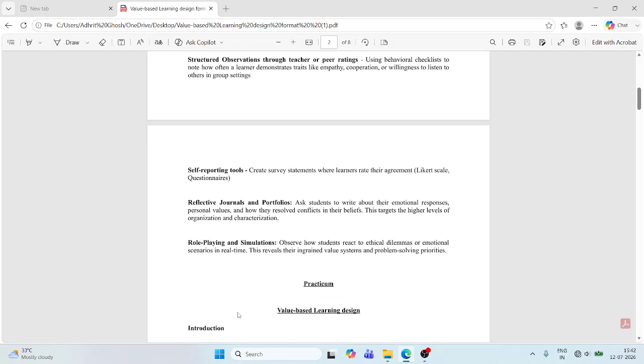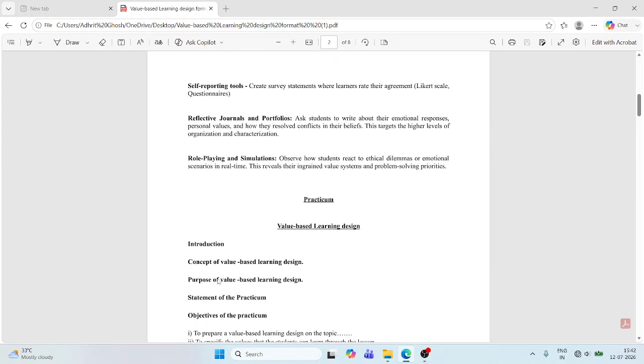And the third one is reflective journals, that is portfolios, where the students are asked to write in journals about their emotional responses and personal values, and what kind of emotional impact the lesson has created. So this helps for organization and characterization.